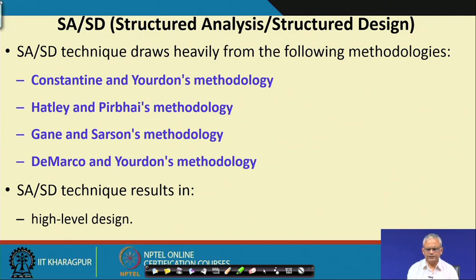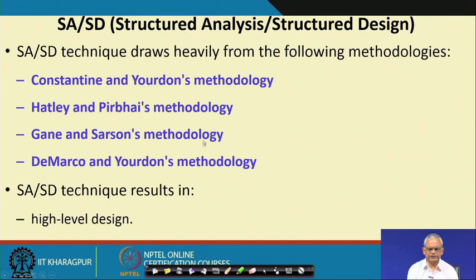The structured analysis and structured design technique is well accepted by the developers. Anybody wanting to do a procedural design would do the structured analysis and structured design, but then there are various flavors of this design. For example, you may use the Constantine and Jordan's methodology, or Hatley and Pirbhai's methodology, Gane and Sarson's methodology, DeMarco and Jordan's methodology.